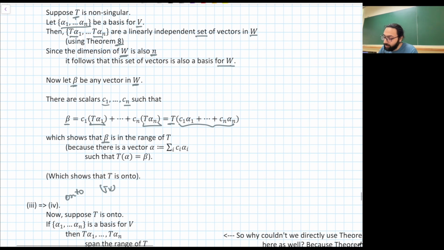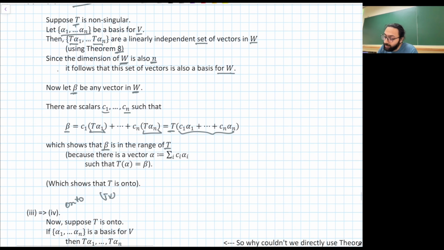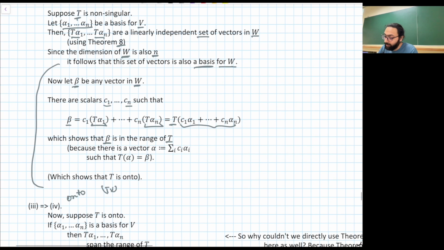Now what this shows is that beta is in the range of T, because there is a vector alpha such that when you apply T to it, you get beta. So this shows that T is onto. Is that fine?